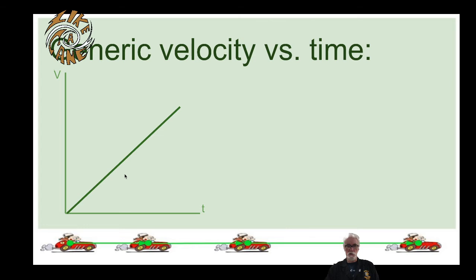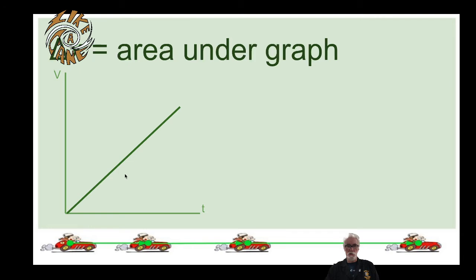We can explore this by thinking about a generic velocity versus time graph for an object that speeds up from 0 by some change in velocity over some change in time. The displacement during this time will be the area under the graph. Let's think about what that might be. Here's a rectangle. The width of it is delta t, the change in time. The height of it is the change in velocity during this acceleration.